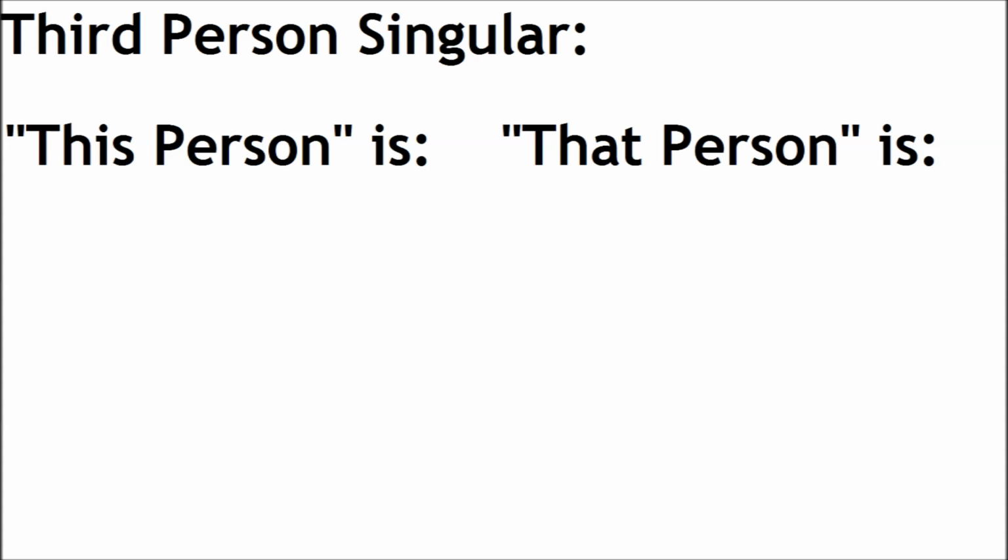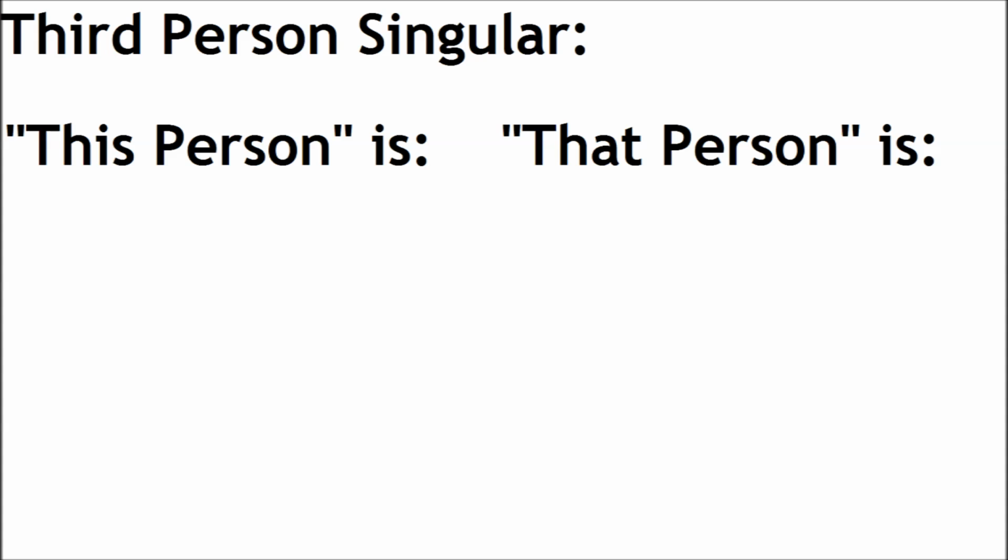But if you do use a third person pronoun, instead of referring to someone as he or she in Korean, you say either this person or that person. And you can replace the word person with a more specific word if you like, such as man, woman, child, old man, middle-aged man, etc.